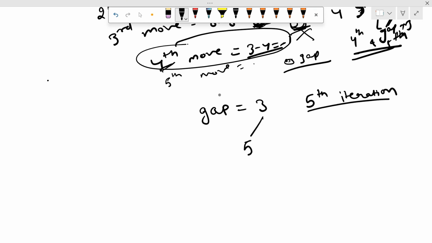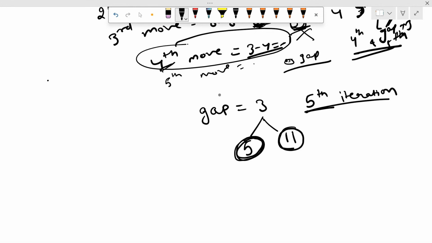If our gap is 5 or if our gap is 11, then if the gap is 5, we can make it 0 in the fifth iteration, and if our gap is 11, we can make it 0 in the fifth or sixth iteration.